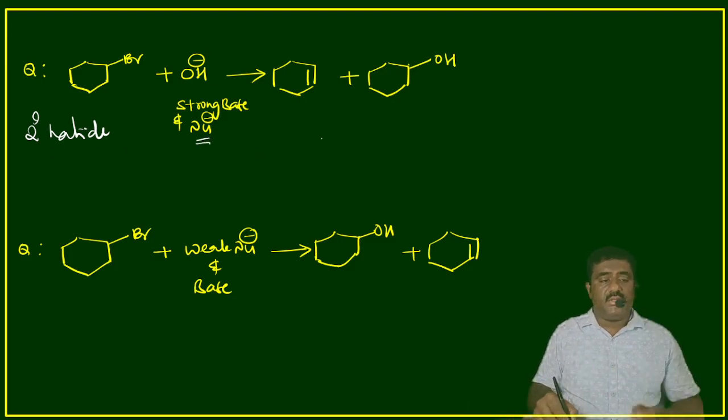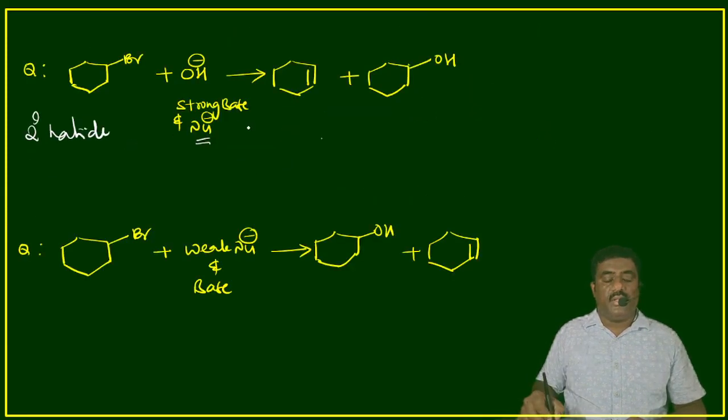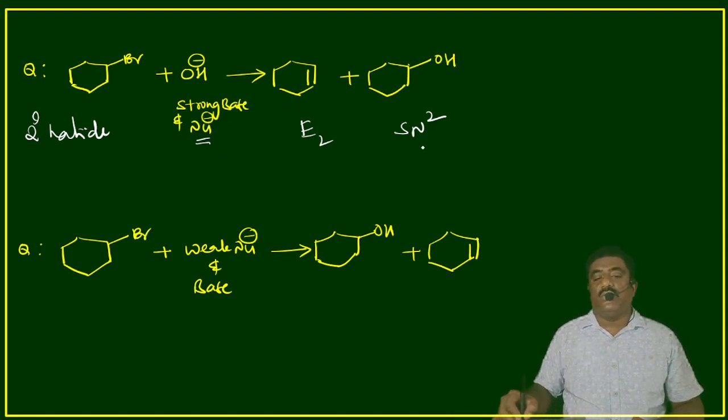With a secondary halide and strong nucleophile, SN2 and E2 are the possible reactions. Strong base means elimination, E2. Strong nucleophile means SN2.